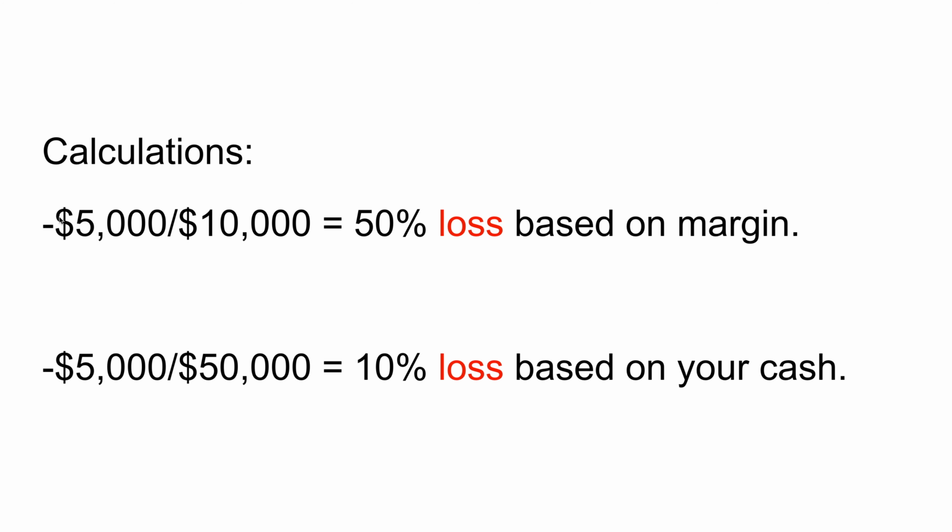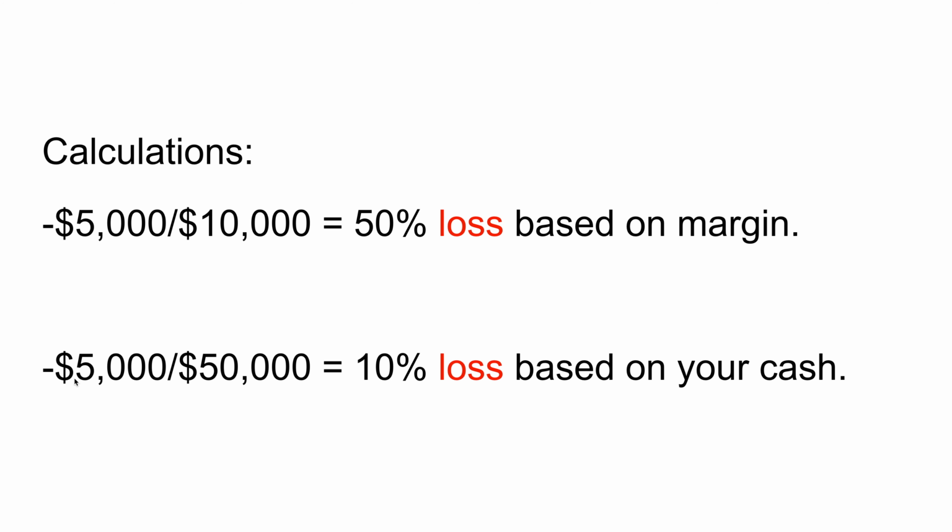So you've just lost $5,000 off of your initial 10,000, right? So you've put in 10,000 and all you got back was 5,000. So that's pretty much 50% that you've just lost. 50% of your money, of that $10,000, is now gone. That's based on margin.